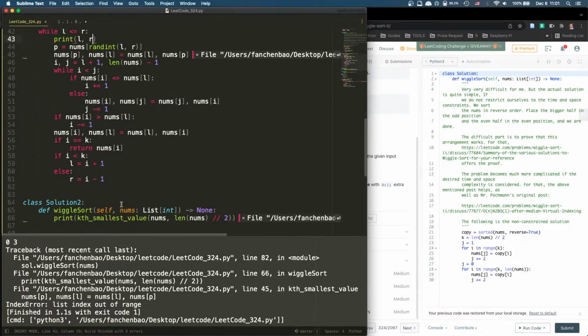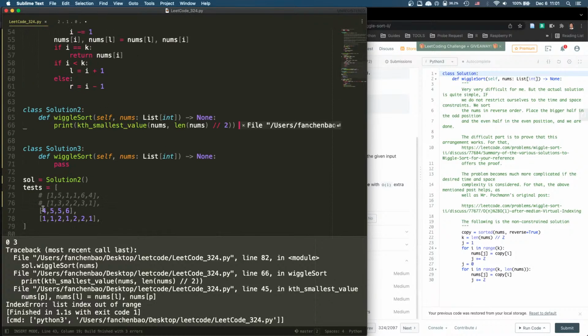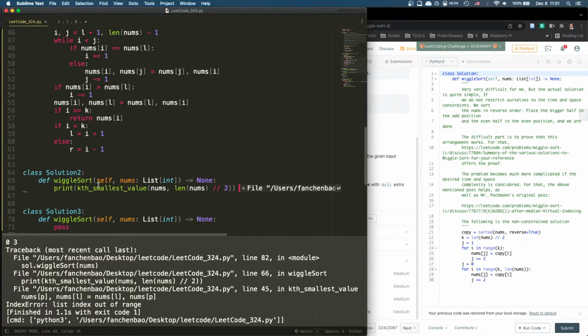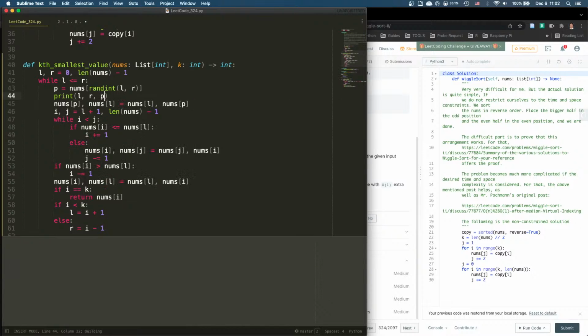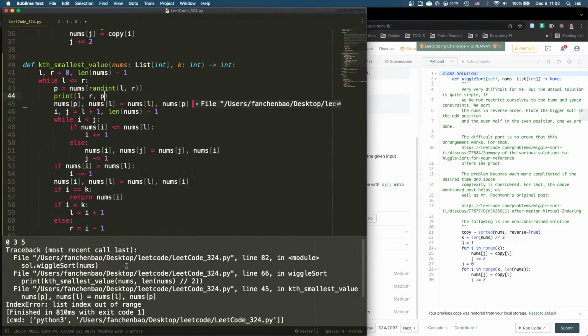So we have 0 and 3. Okay, 0, 1, 2, 3. And then I probably should print out P as well. Let's see. P is 5. Oh, what the hell? P is the position. My bad.